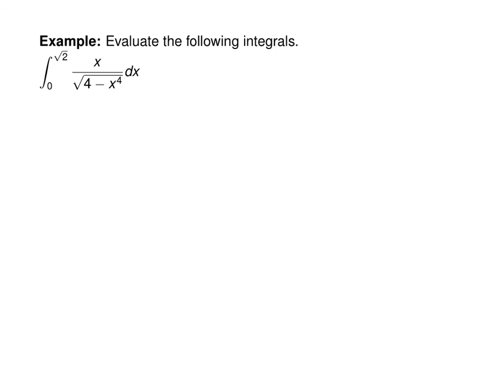This next one is a tricky u sub and a tricky formula. So this is an integral of the form, that formula was 1 over the square root of a squared minus u squared du, which gave you arc sine of u over a plus c.